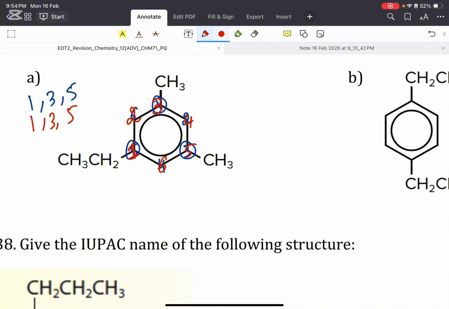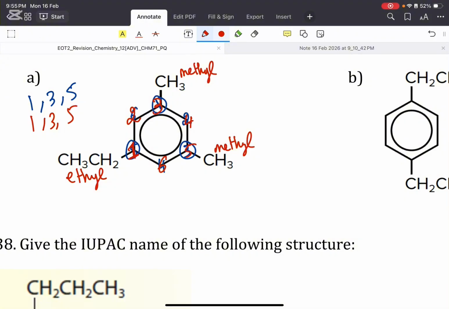So we move to the next priority, which is to give the letter that comes first in the alphabet the lowest possible number. I mean by this, this branch is called a methyl, and this branch is called a methyl, whereas this branch is called an ethyl.